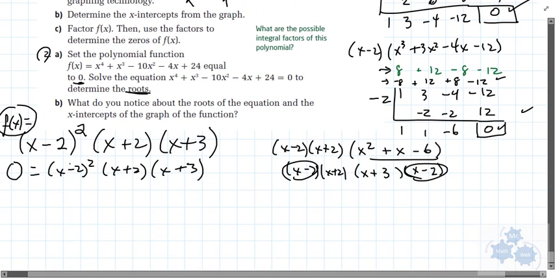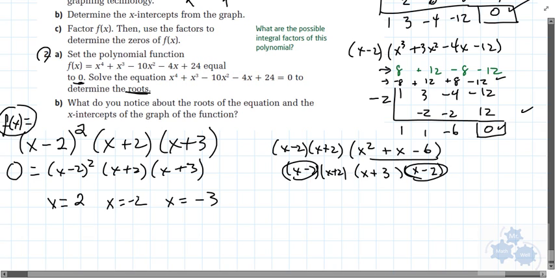This whole product right here, the whole multiplication, is 0 when one of these factors, or all of them, are 0 themselves. So that is at x equals positive 2 for this one. It's also at x equals negative 2, right? And at x equals negative 3. Those are the solutions, right?